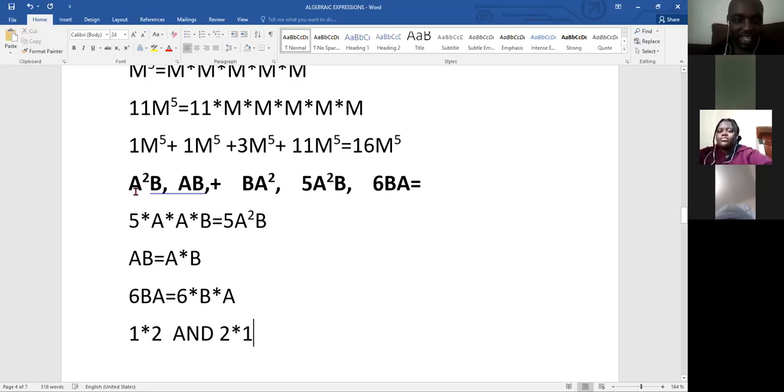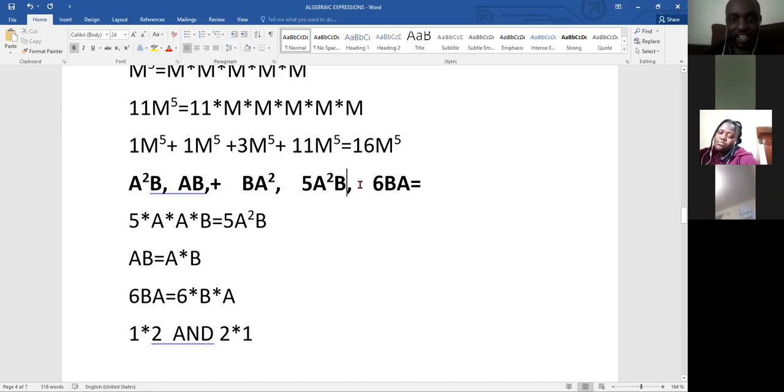So in short, in A squared B, the only thing that we want here to be squared is A. So you can see in this case A is squared. In this case A is not squared, so they are different. In this case A is also squared and multiplied by B.